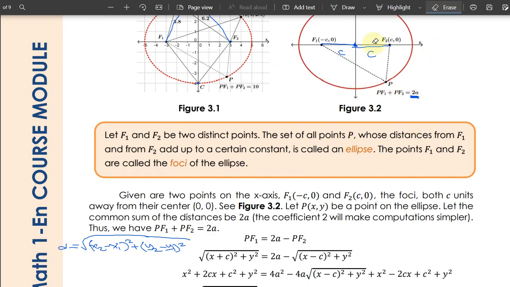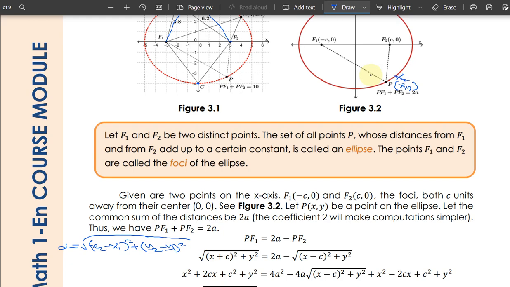So i-assign ra pud nato na, depende sa inyo ha. Pwede kani atong x sub 1, kani atong x sub 2, pwede pud kani atong x sub 1, kani atong x sub 2. Basta pares ilang mga number diri sa iyang tapat.